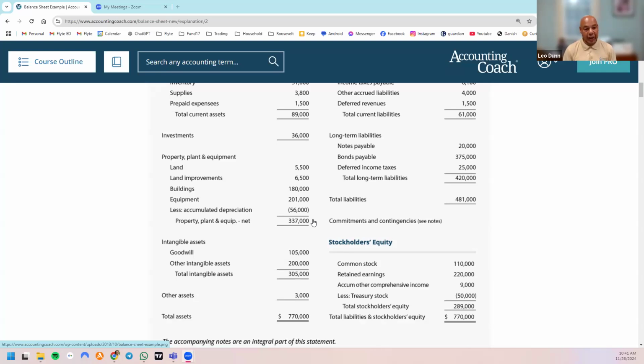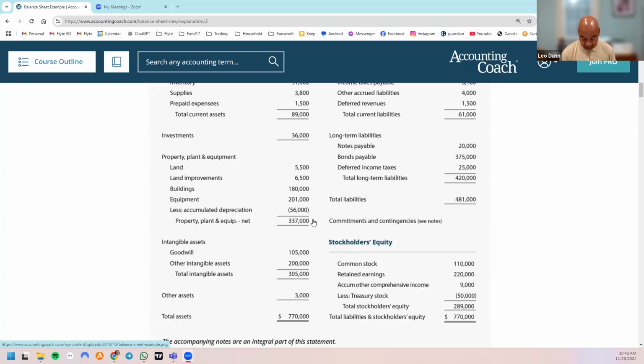If it's a loss, we're going to decrease our retained earnings. That number represents the cumulative earnings less expenses of this business from inception to December 31st, 2023. So to date, this business has a profit of $220,000.